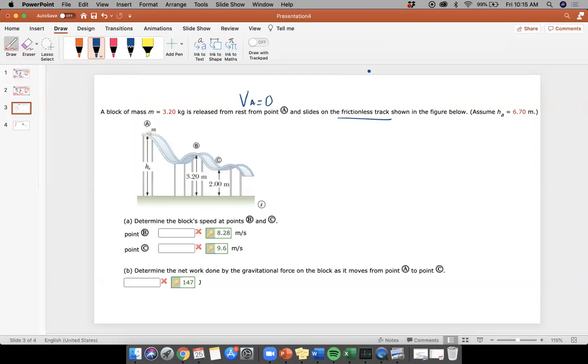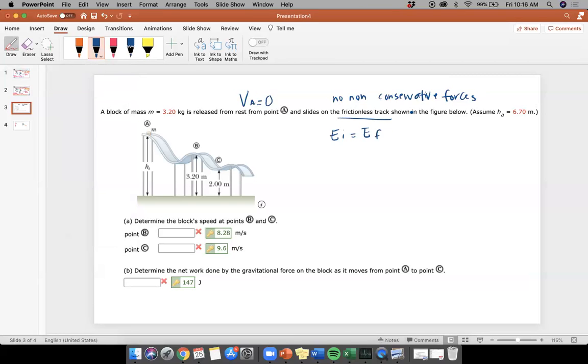So frictionless means no non-conservative forces. I don't know what's wrong with this tablet today. Okay, if there are no non-conservative forces, your E initial should be equal to your E final.